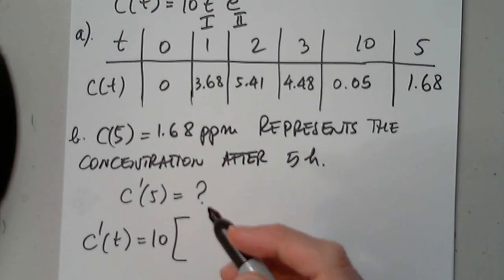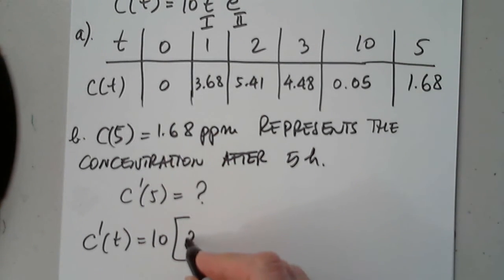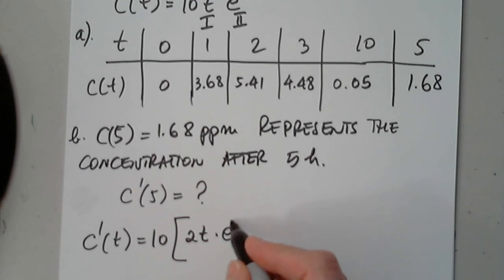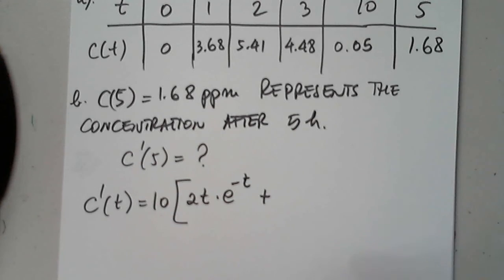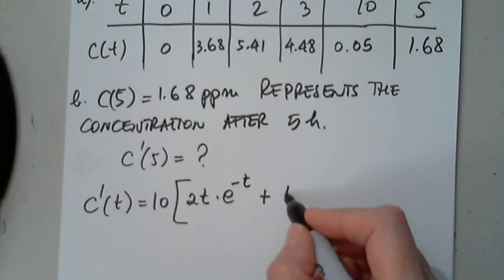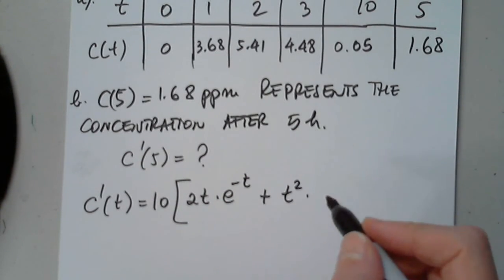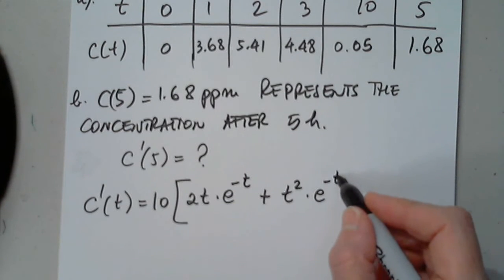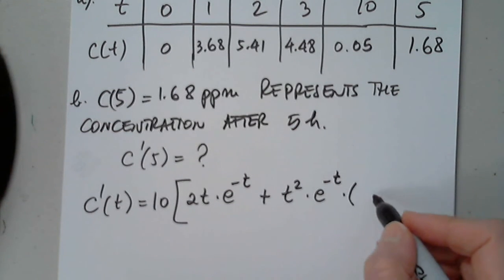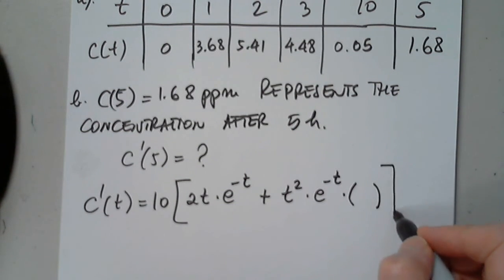Is it first function prime? Yes, 2t times the second times one, the second. Excellent. Plus, first function times second function prime? Yes, e to negative t times the inner function prime. What is the inner function prime? Anyone?